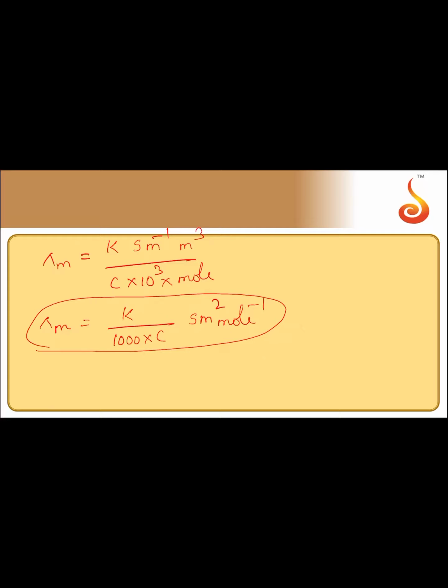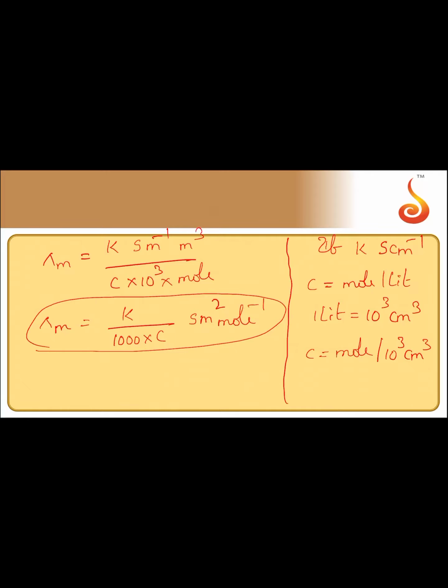Then if K is in Siemens centimeter inverse, then concentration is moles per liter, and here K is in centimeter inverse, so 1 liter is equal to 10 power 3 centimeter cube, we know that, and C is equal to moles per 10 power 3 centimeter cube, because 1 liter is equal to 10 power 3 centimeter cube.